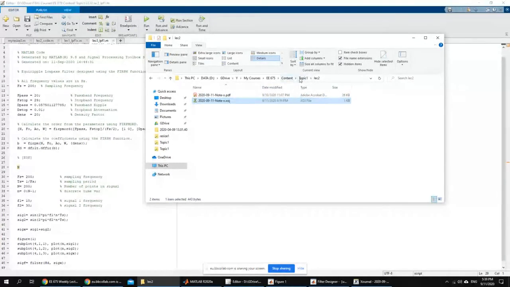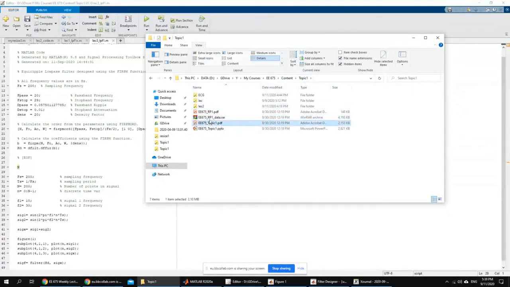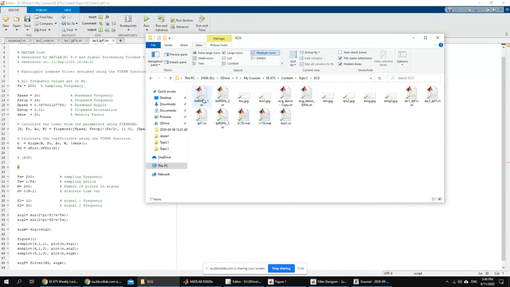Remember last time I told you that this is the data file that you're going to see on Blackboard. Whenever you uncompress it, you're going to end up with a directory that is called ECG. Basically, it's only one file that comes out.